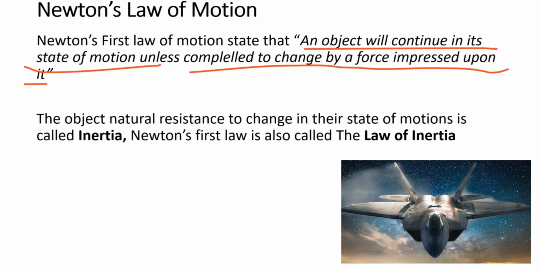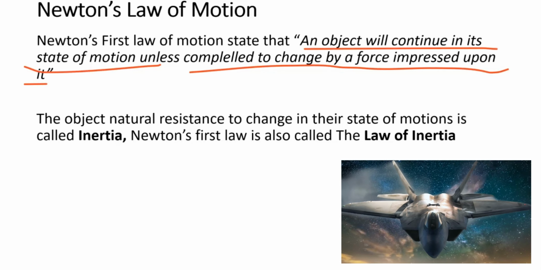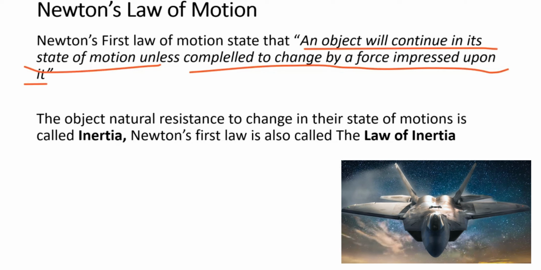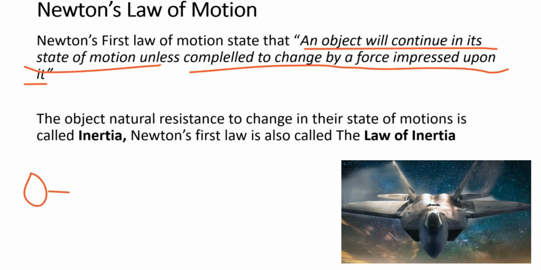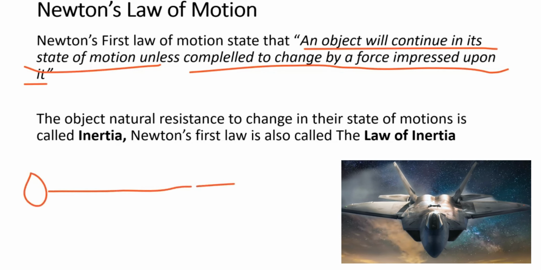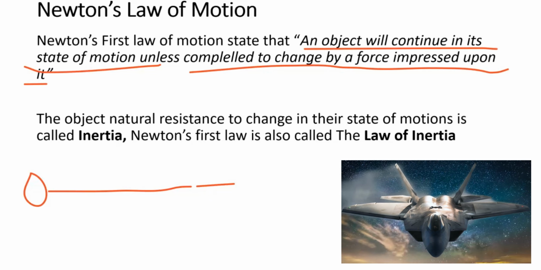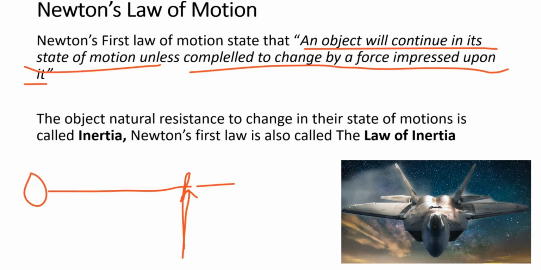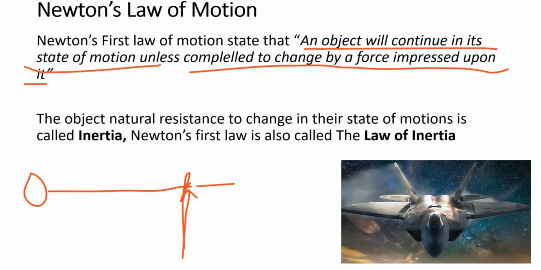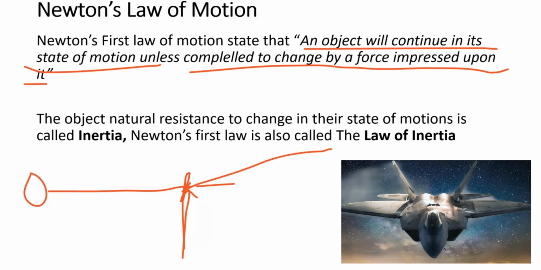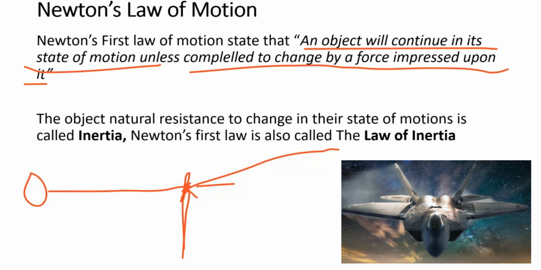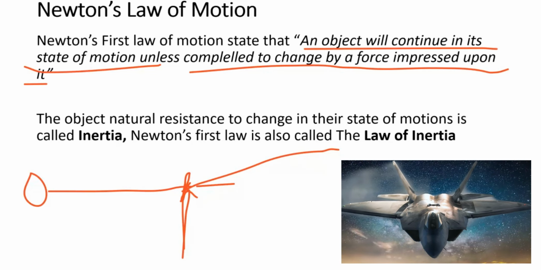That means a car moving on a straight line will continue to move on that straight line unless it is affected by another object that changes its motion. That's what this implies.